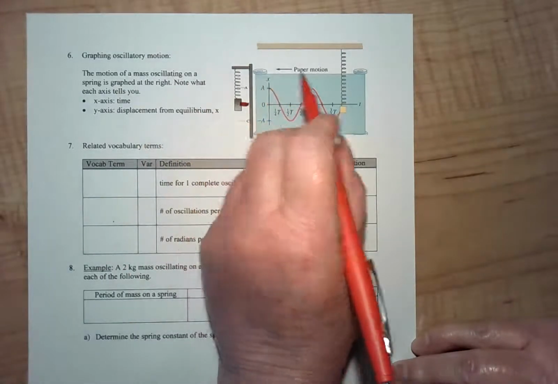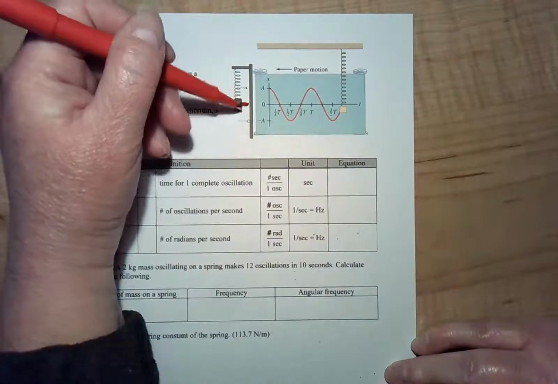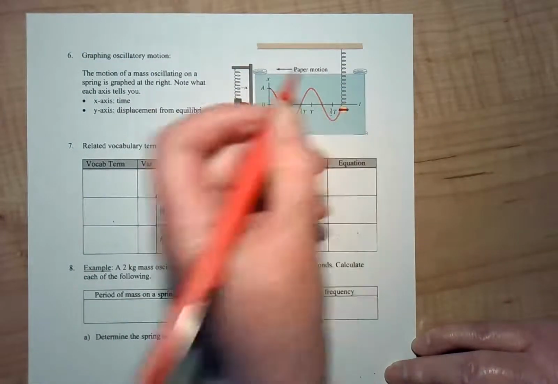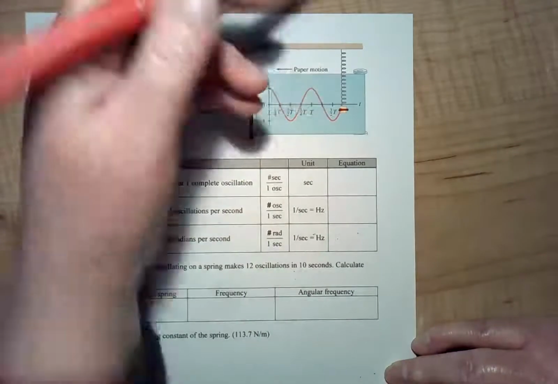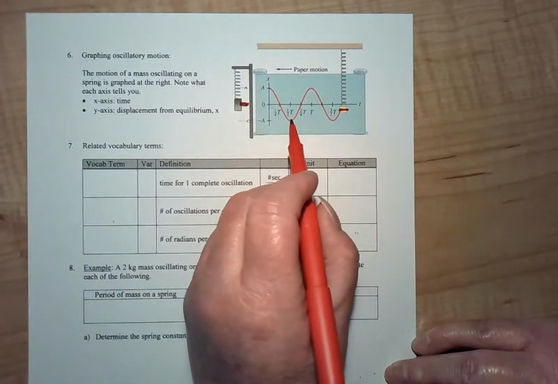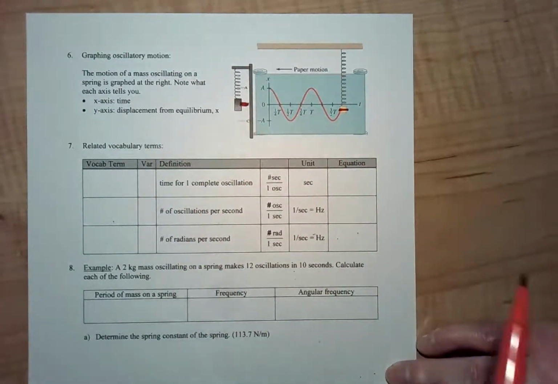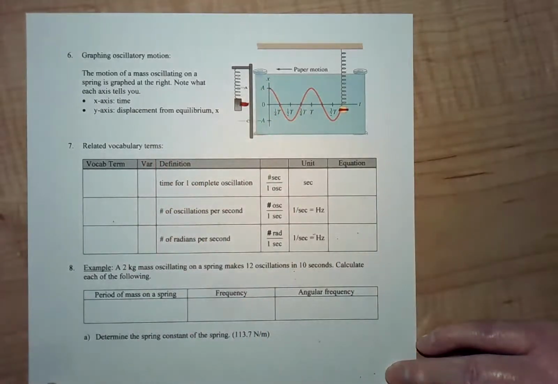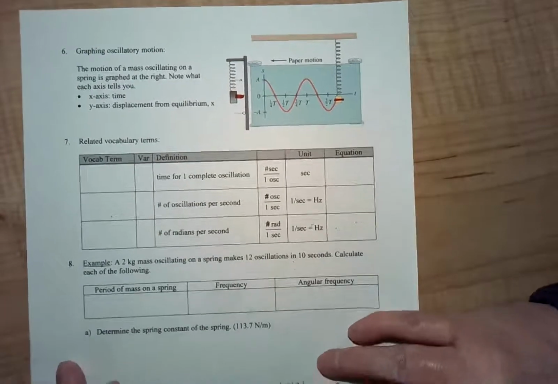And then I have a piece of paper, and as the mass is going up and down like this, I put the marker over here. As the mass is going up and down, I pull the piece of paper, and you hopefully can see that I'm going to end up mapping out a sine or a cosine type wave that we can analyze.